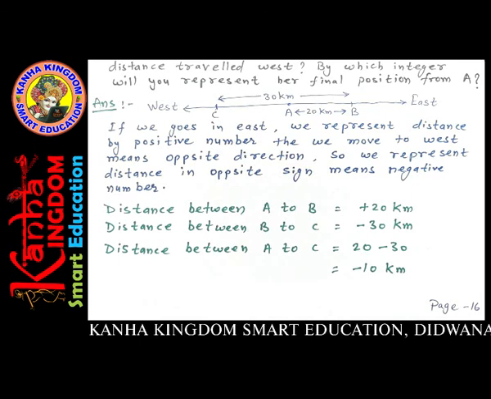Distance between A and B is equal to 20 km. Distance between B and C is equal to minus 30 km. Distance between A and C is equal to 20 minus 30 is equal to minus 10 km.